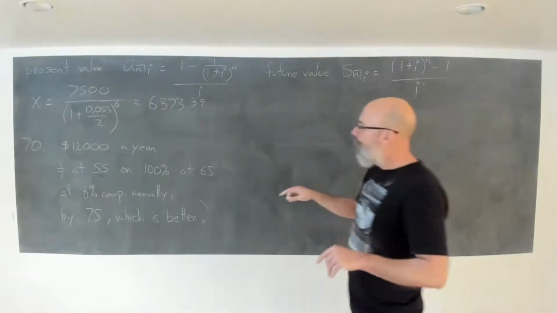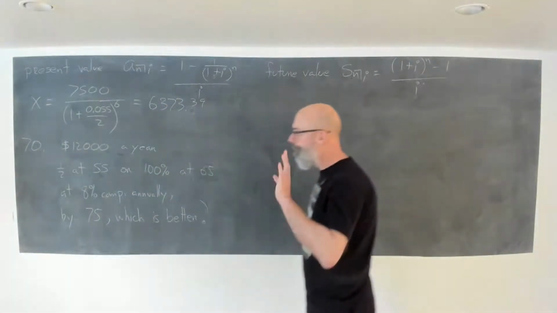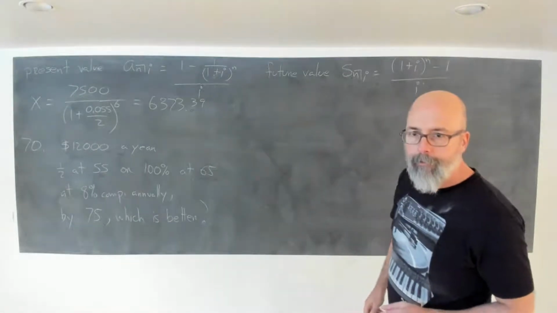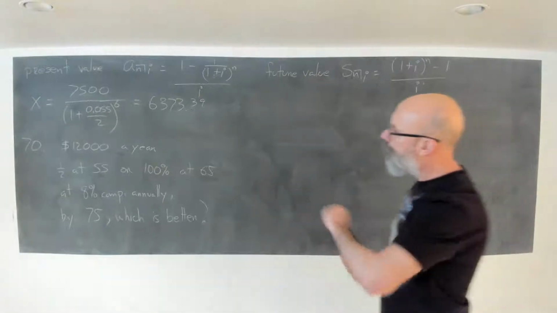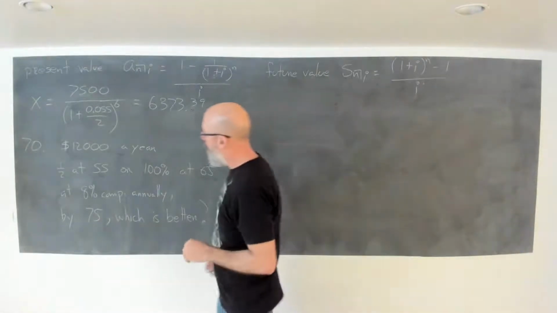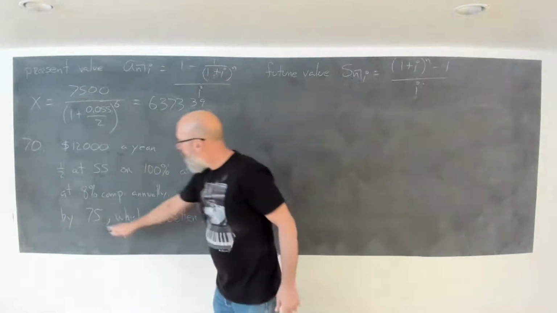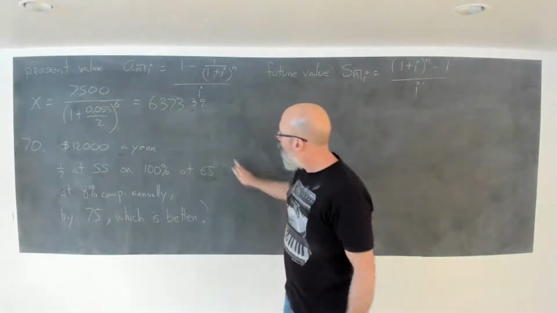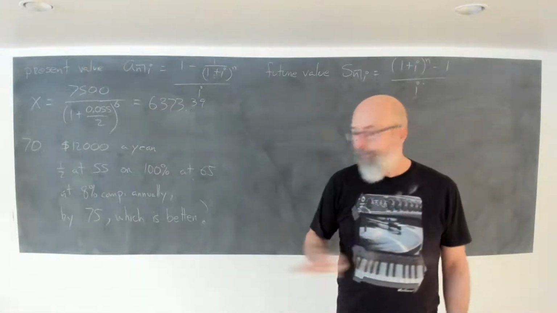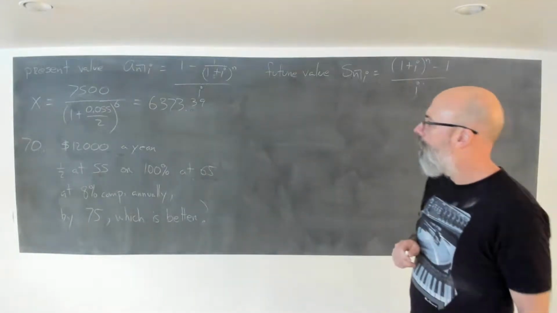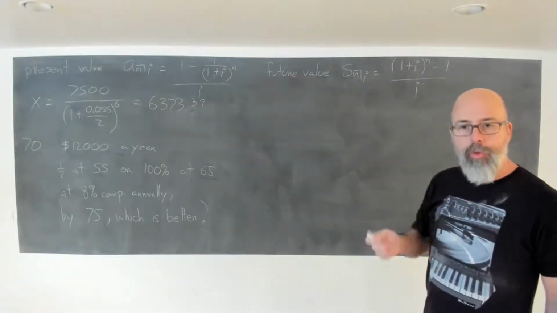Suppose that you took the $6,000 a year and you left it in the bank. You had other money that you could live off of. You take that $6,000 every year and you put it in the bank until you reach 75. Or you start taking the full $12,000 a year at 65 and put that in the bank. Which one is larger?